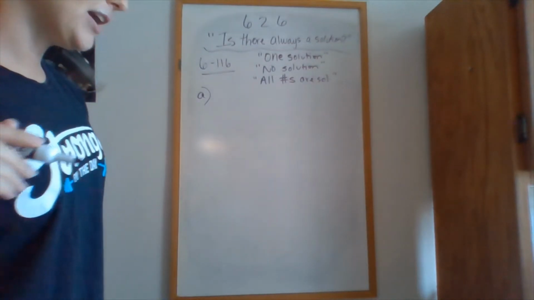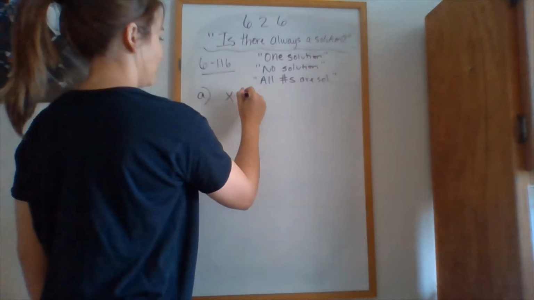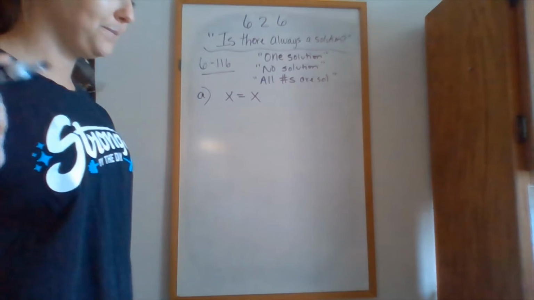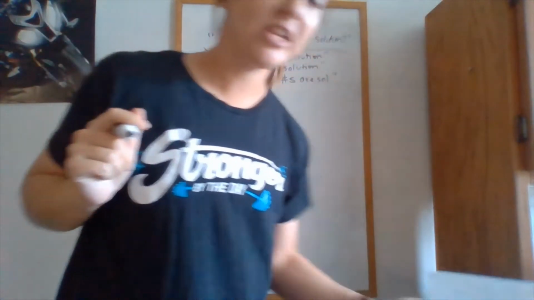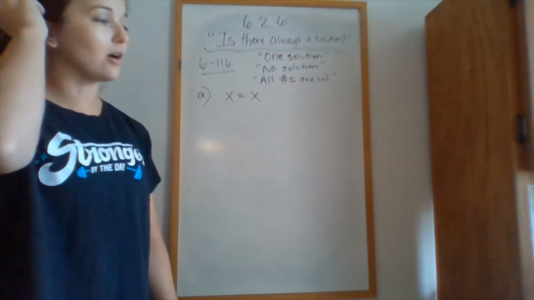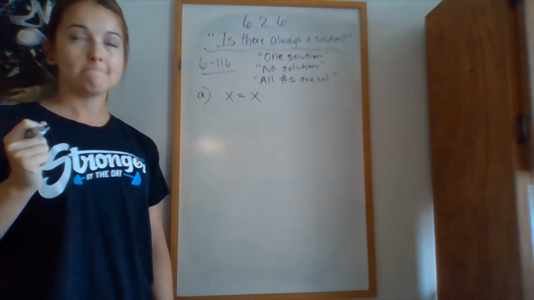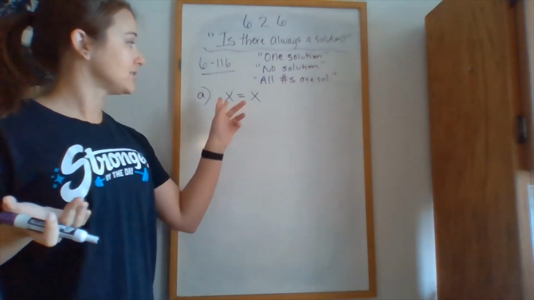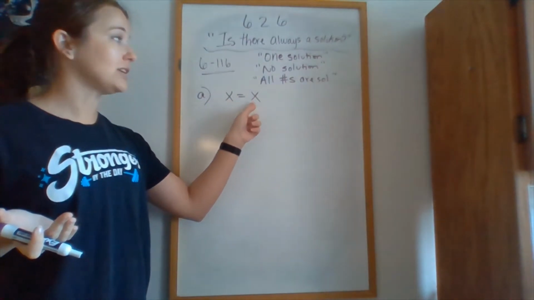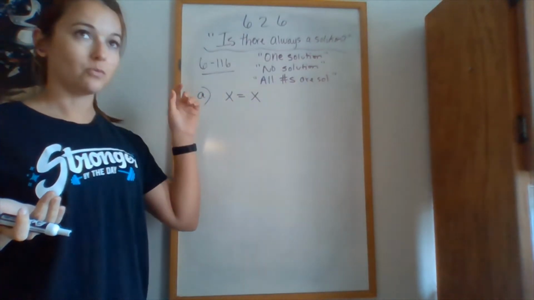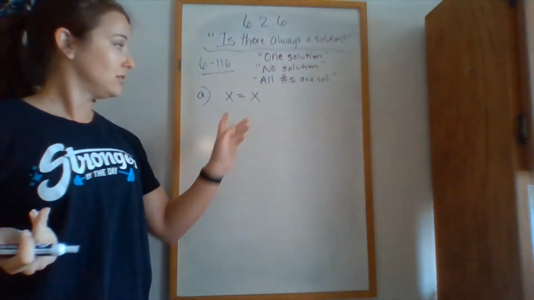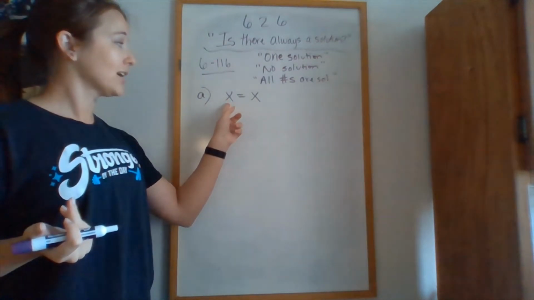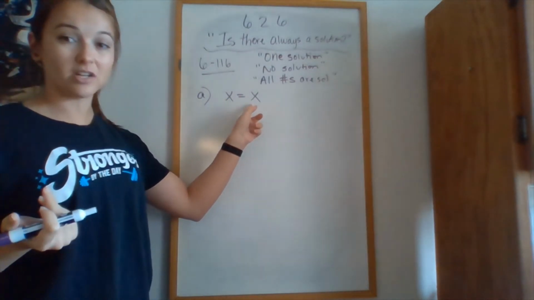Okay, so part A gives us this, x equals x. If I looked at the equation x equals x, and I thought, well, what could x equal? Let me pick a number, 0. If I plugged 0 in for x, it would also be 0 on the other side. What about the number 1? If I plugged in 1 for x, it would also be 1 on the other side.